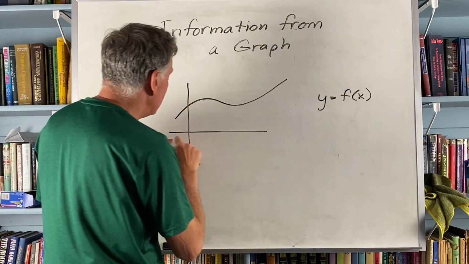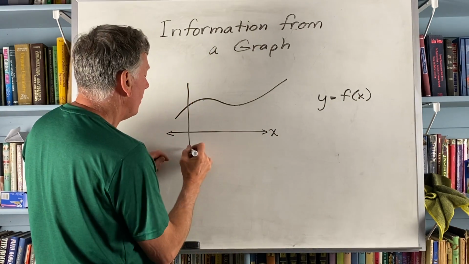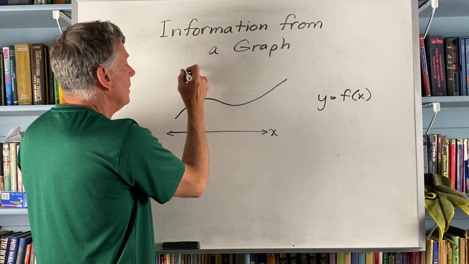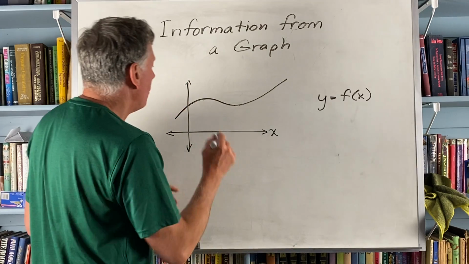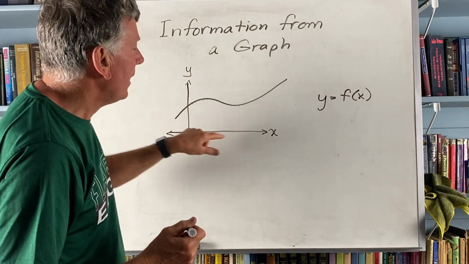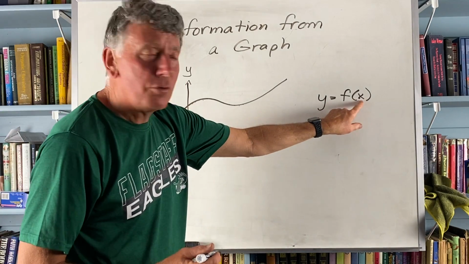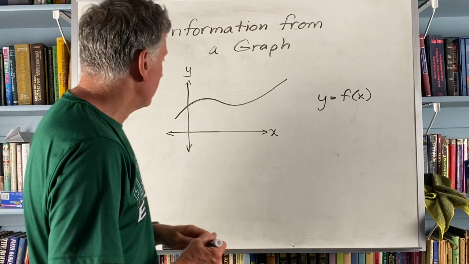X is my independent variable, this is the x-axis, and y is my dependent variable. y depends on x. What I put in the slot here tells me what y is.